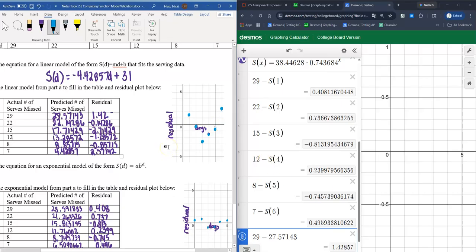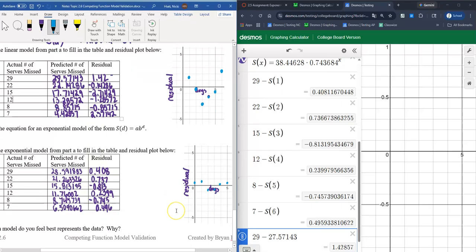Doesn't change too awful much about what that looks like for our linear. We still have possibly a pattern, right? It does help out our exponential. How's our exponential residual plot looking now? We're pretty close to the x-axis, and we're pretty scattered, right? There's not a big pattern right here.